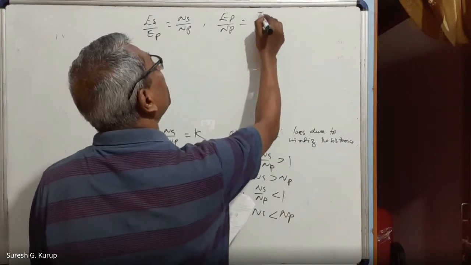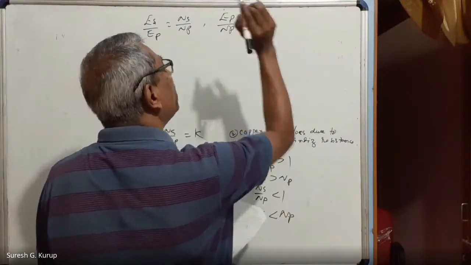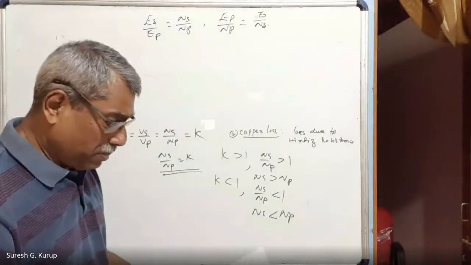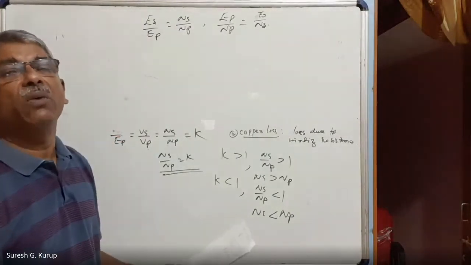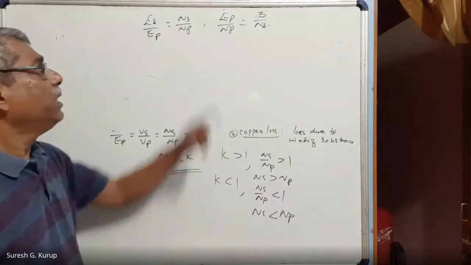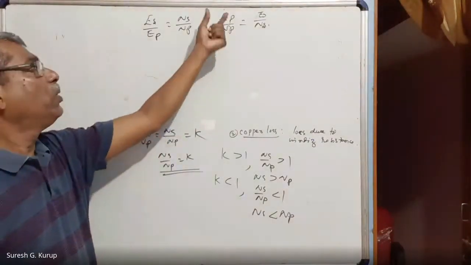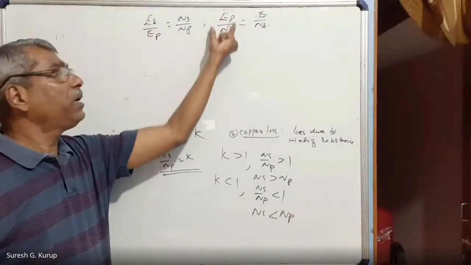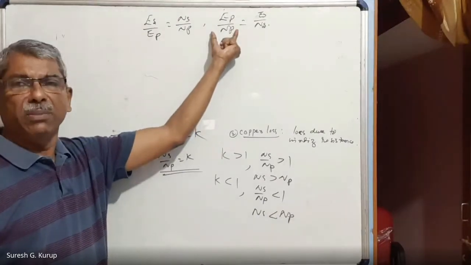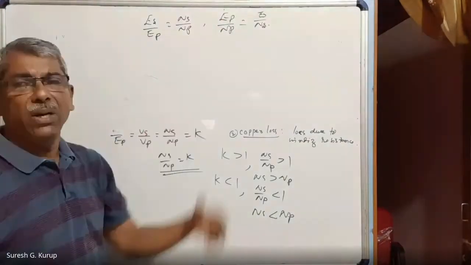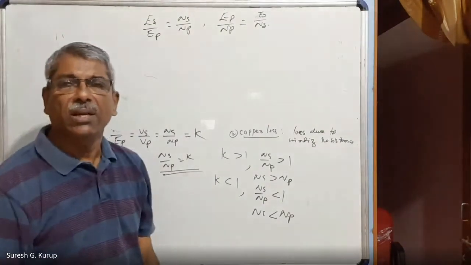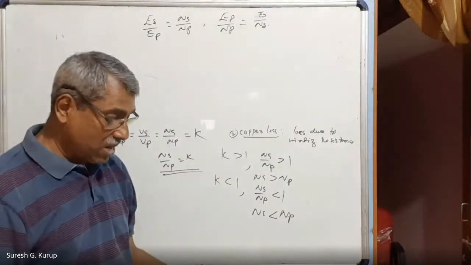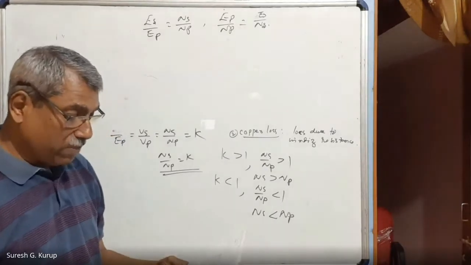It means the EMF induced per unit turn of both the windings will be same. That means EMF induced per unit turn of the primary is the same as the EMF induced in the secondary per unit turn. That is also very, very important.